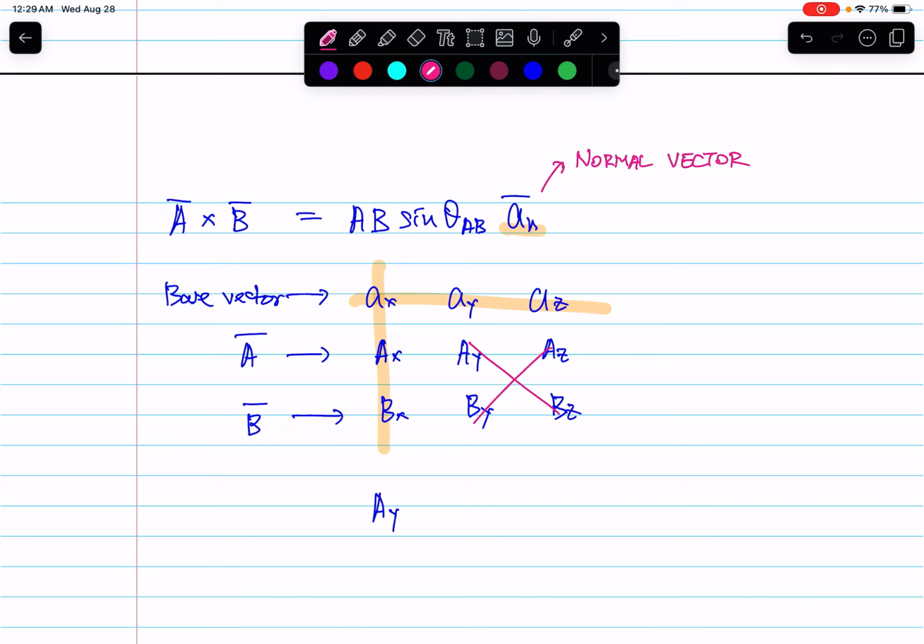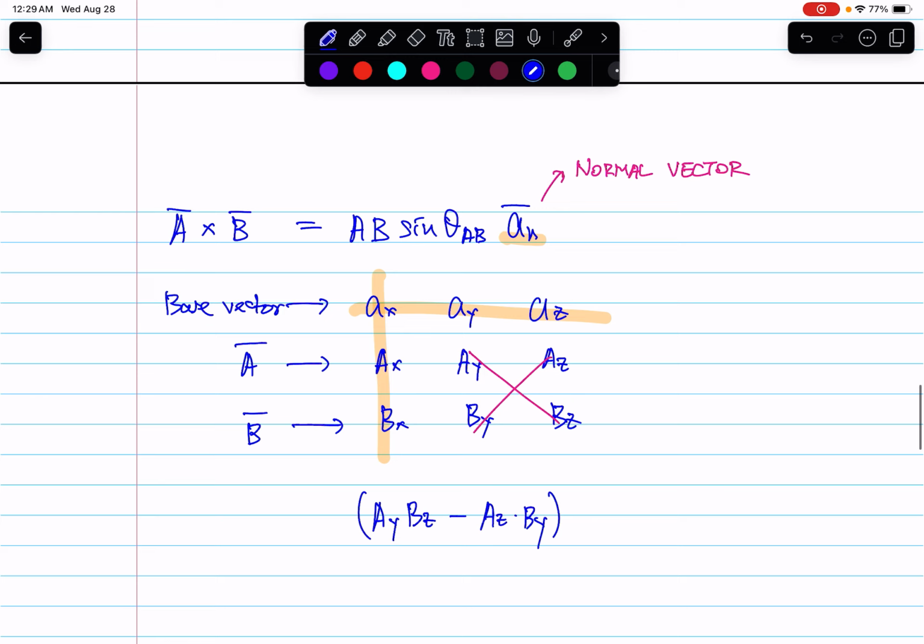Multiplication-wise, you'll do AY times BZ minus AZ times BY. Okay, that's one.